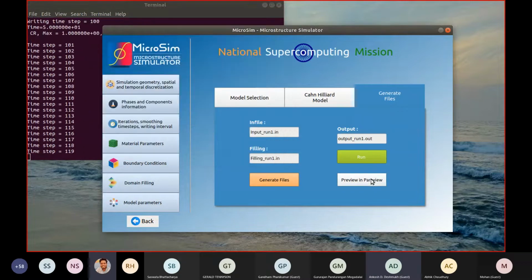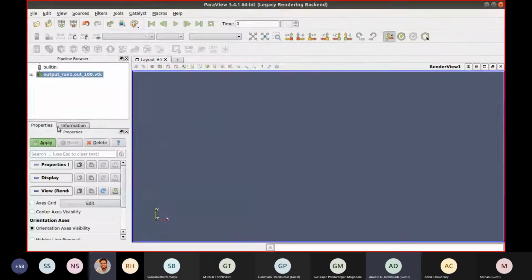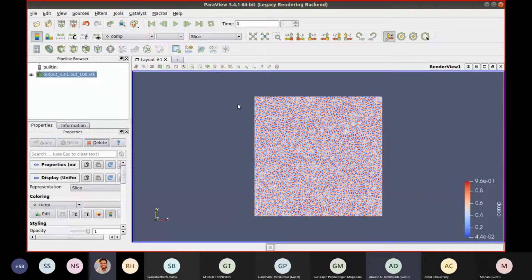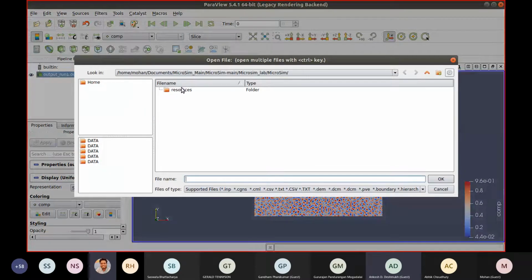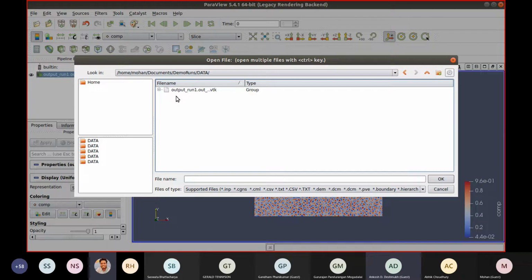Just to see, I hope we have written one time step which we can see. Okay, so it is evolving, so we can see the 0th time step and further down.